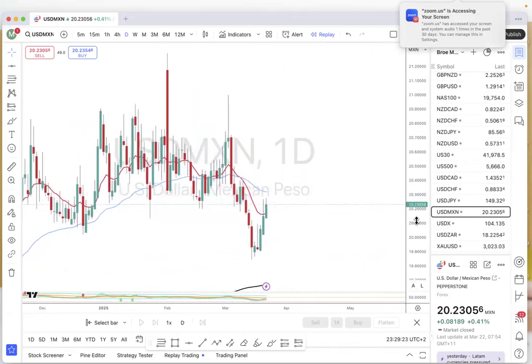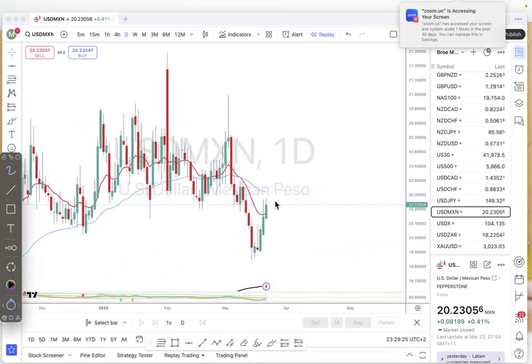So look at this USD MXN that we were analyzing. What do you see? 1350 cross. So what do you expect? Remember, we said we expect our setup here. Where is the 50 EMA? Right there. There is your 50 EMA.